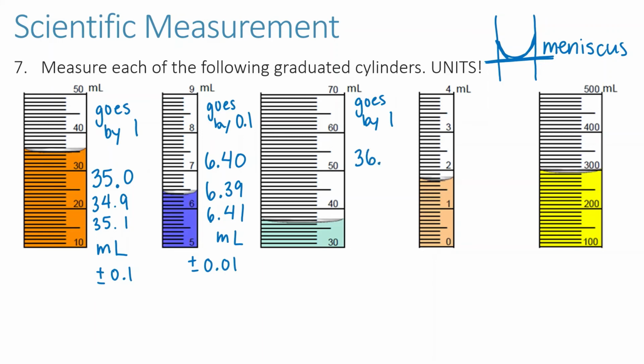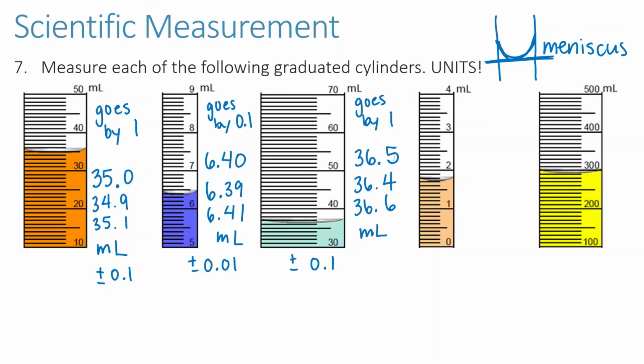It looks to me like the bottom of the curve is right in between 36 and 37, so I'm going to say 36.5. If you had something a little different, like 36.4 if you thought it was a little lower, or maybe 36.6, all of those answers would be correct, and the precision on this one would be plus or minus 0.1 milliliters.